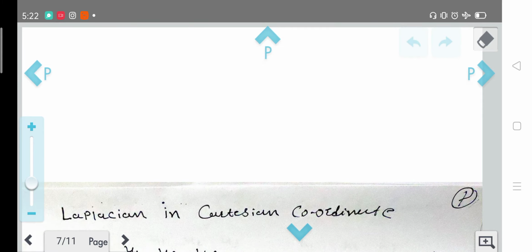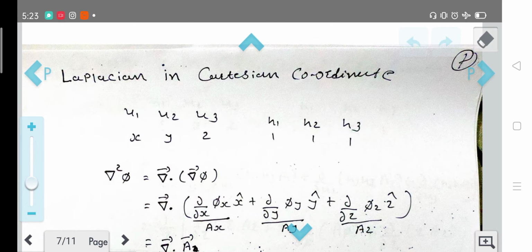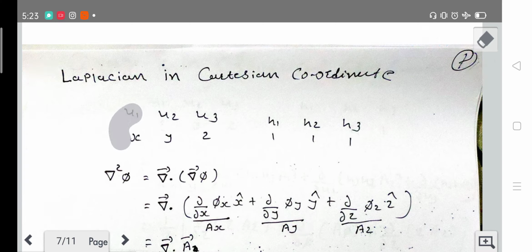Now let's talk about Laplacian. We are going to determine the Laplacian in Cartesian coordinates. First we consider the different coordinates: u1, u2 and u3 in Cartesian coordinates will be x, y and z, and the corresponding values of h1, h2 and h3 will be 1, 1, 1.